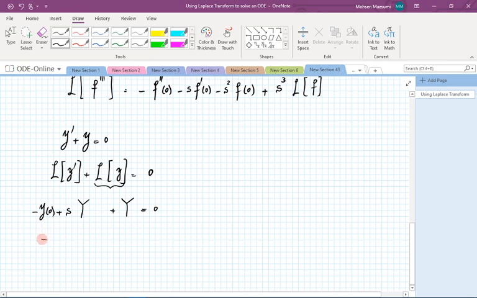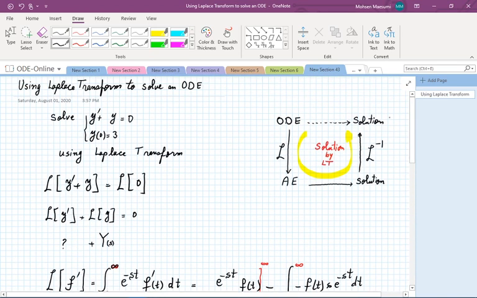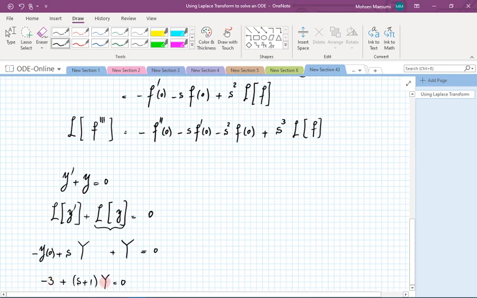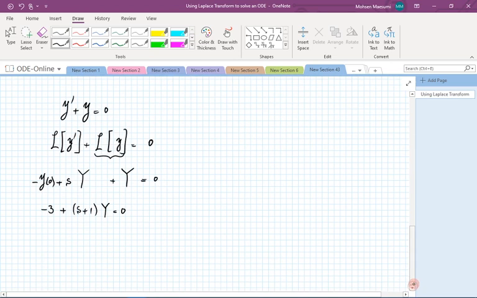So I write minus 3 plus, when I factor capital Y out of this, I get the following. Where are we now? We are at this stage. What happened? The differential equation that we had here became an ordinary algebra equation. There's a parameter in it, but other than that, it's just an ordinary algebra equation, perhaps from 7th or 8th grade. So I take the 3 to the other side, and I have s plus 1 times Y is equal to 3. So Y becomes 3 over s plus 1.